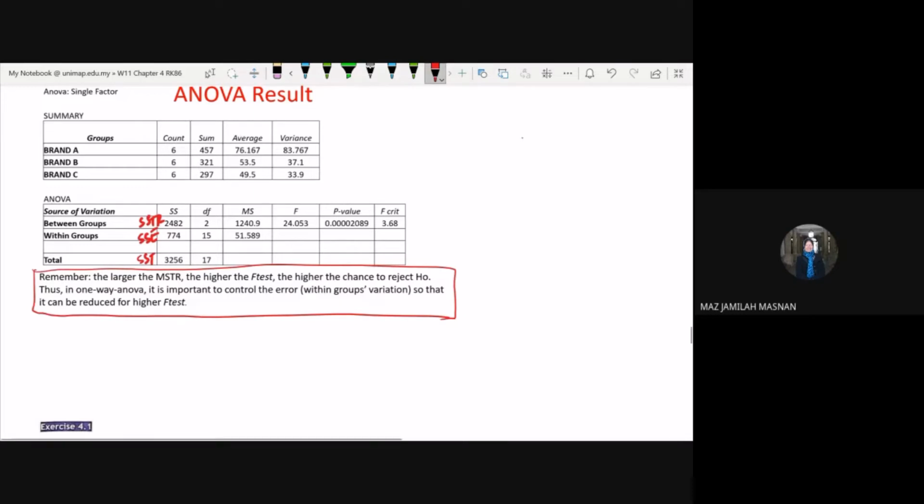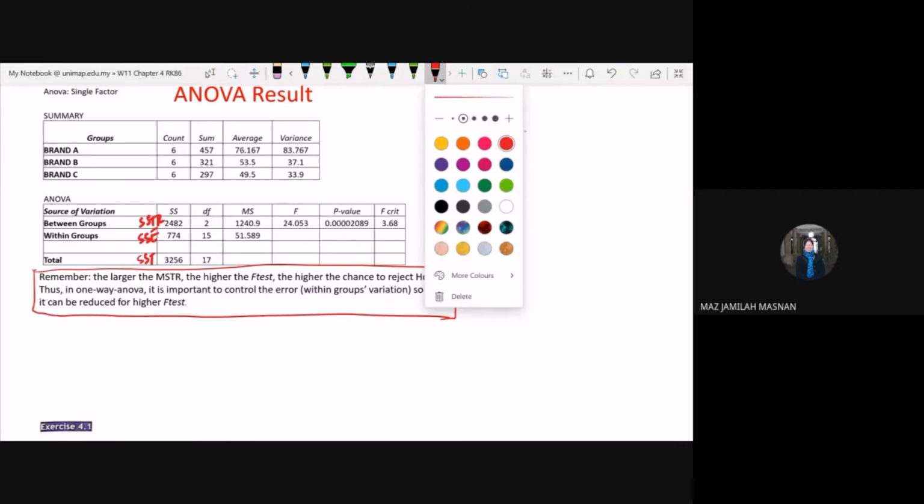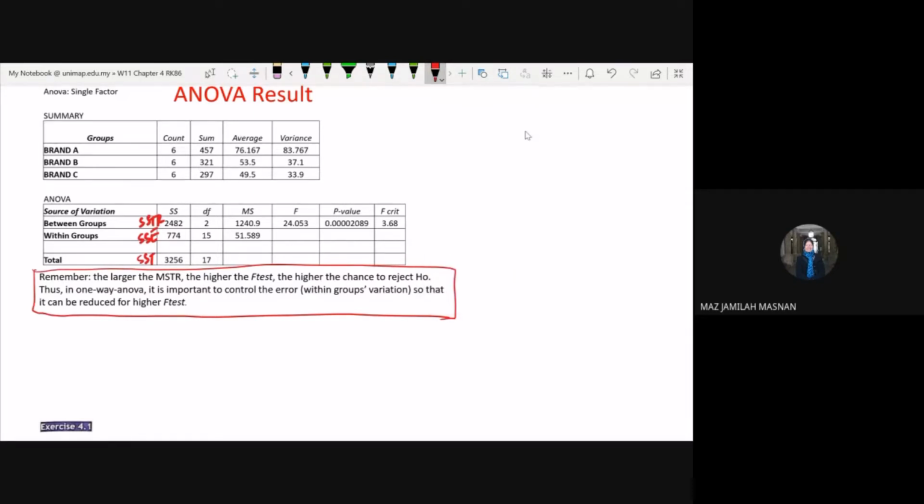When we talk about SSTR, we will have our MSTR here. The F test is obtained by MSTR divided by MSE. So if you have a larger value here and a smaller value here, what is the value of the F test? You will have a larger value.